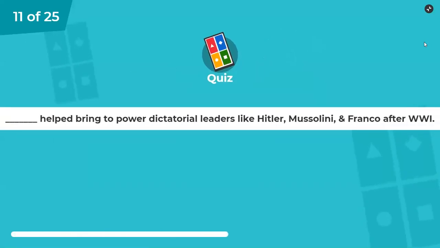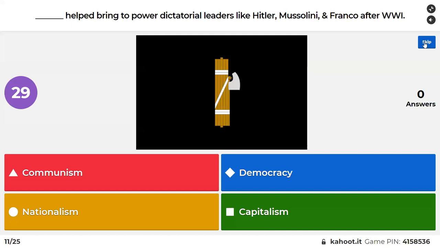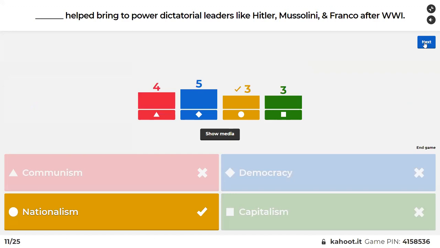Blank helped bring to power dictatorial leaders like Hitler, Mussolini, and Franco after World War I. Nationalism, right? Nationalism, loyalty to one's country.